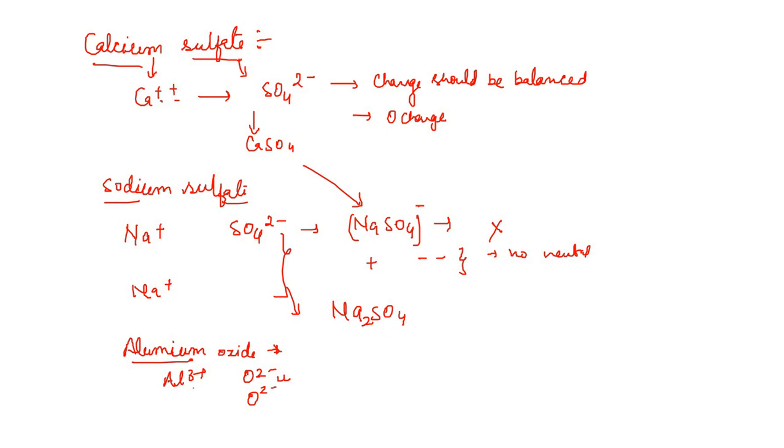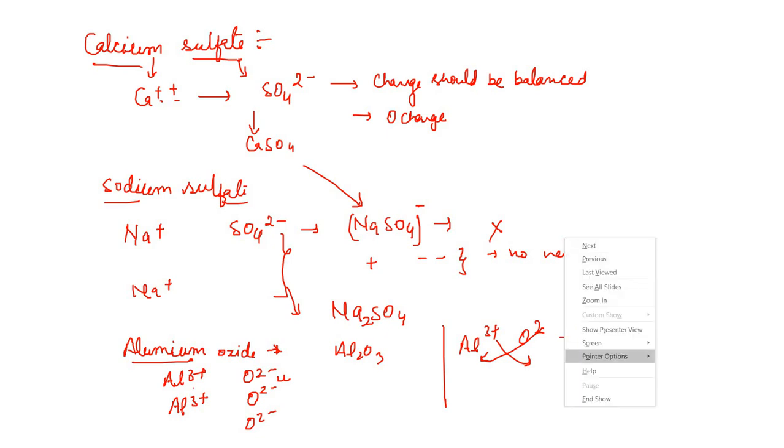What if I put 2 here? Still not balanced. So if I write 2 for aluminium and 3 for oxygen, it will be balanced. Also, there they use the shortcut with Al3+ and O2-, doing cross multiplication like this and putting the formula like this. You can also try this method, there is no doubt, but always make sure whenever you write the formula it should be balanced.